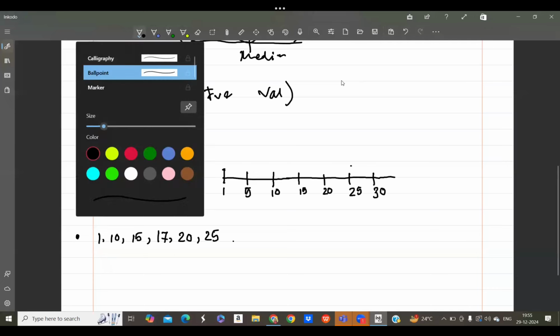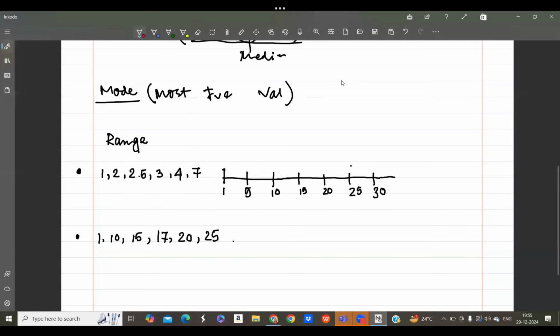First we will plot the first one: 1, 2, 2.5, 3, 4, 7.